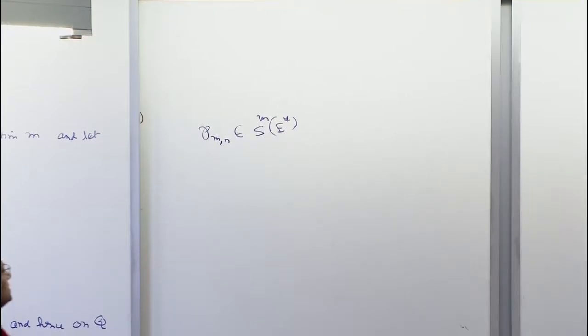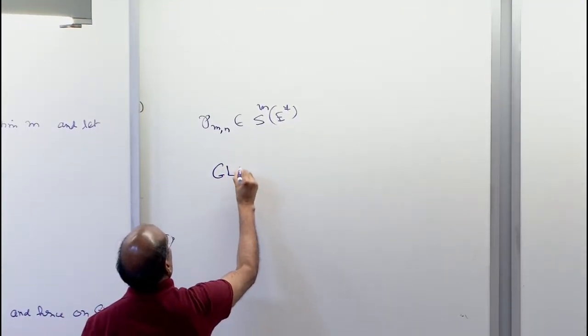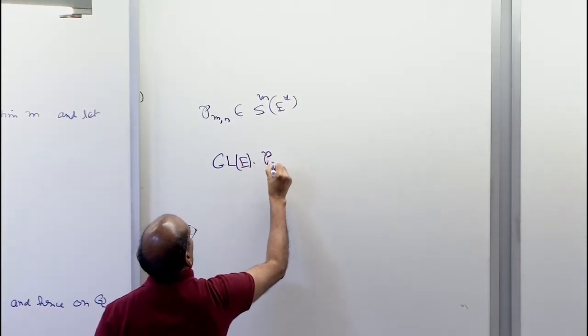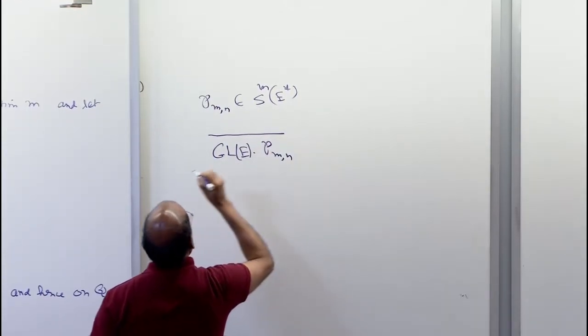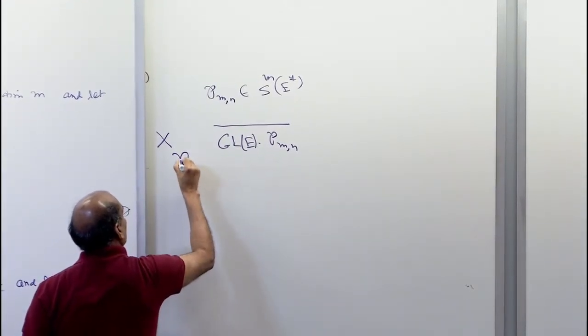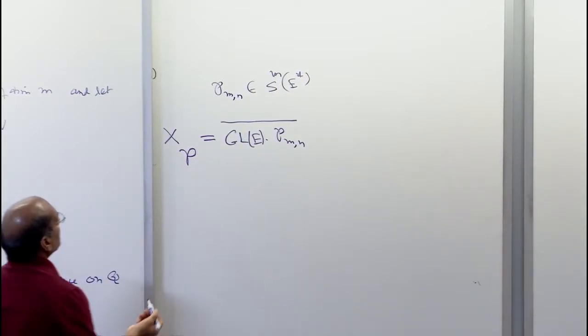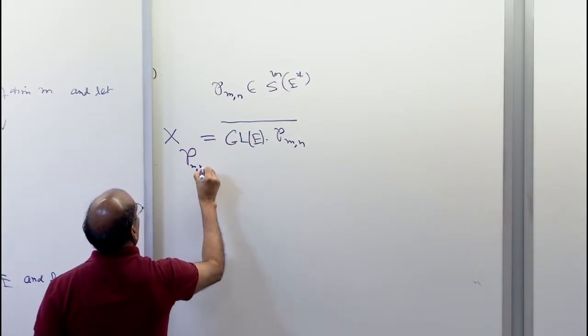And again, I can take the GL(E) orbit of this P_mn, and I can take its closure, and I'm just going to call it X_P. I should really say X_P,mn.